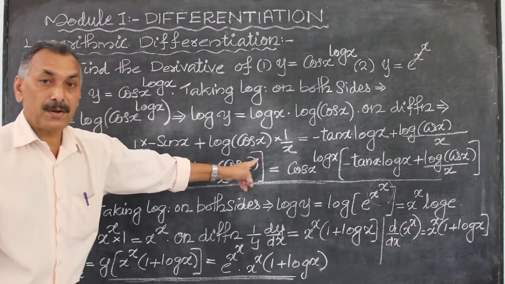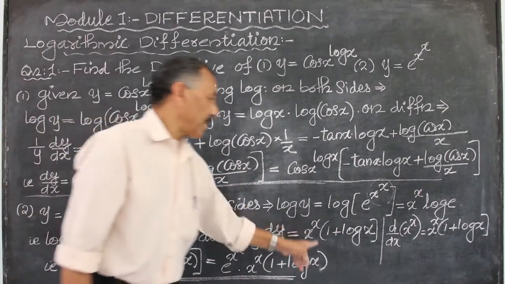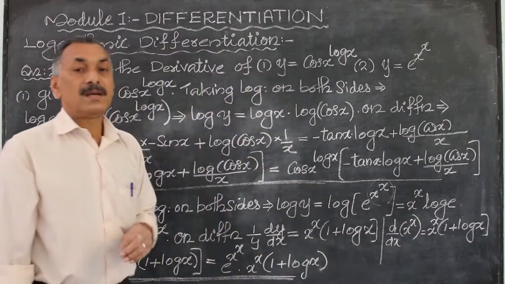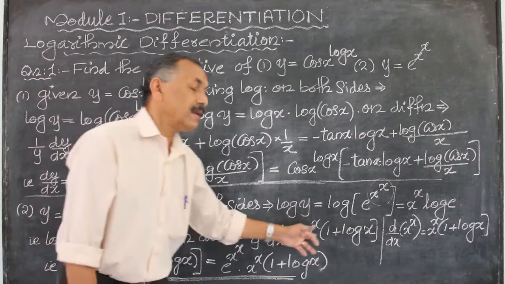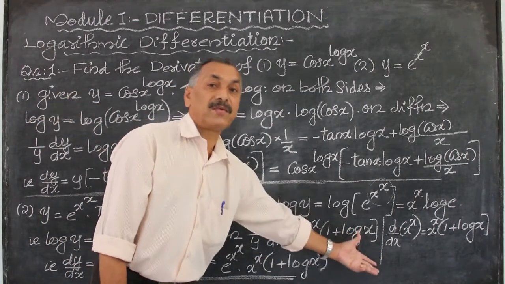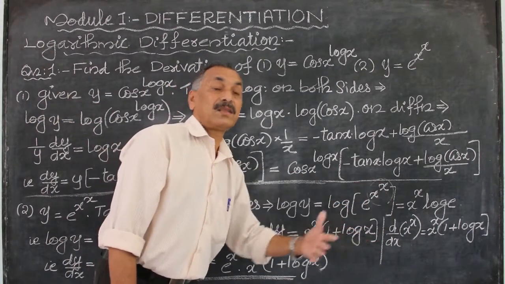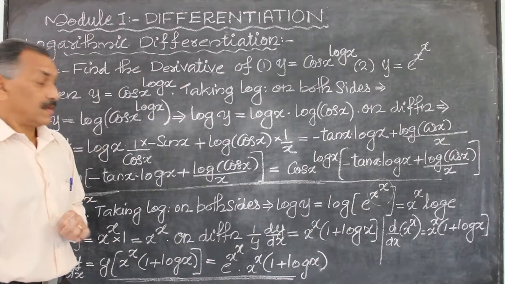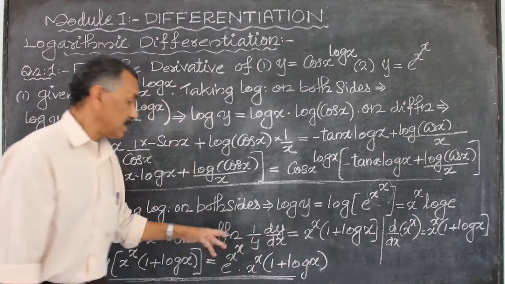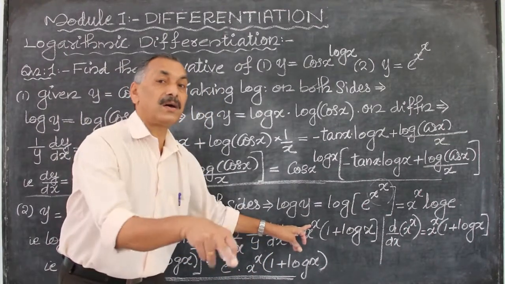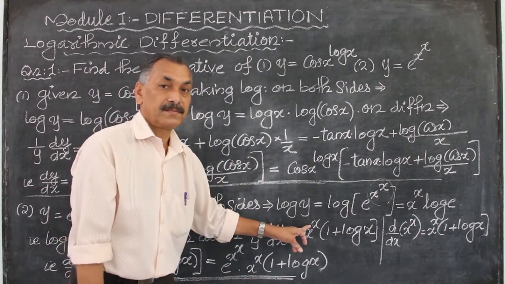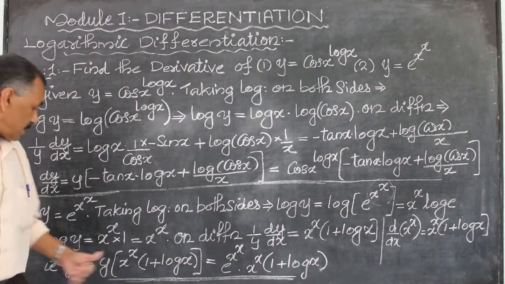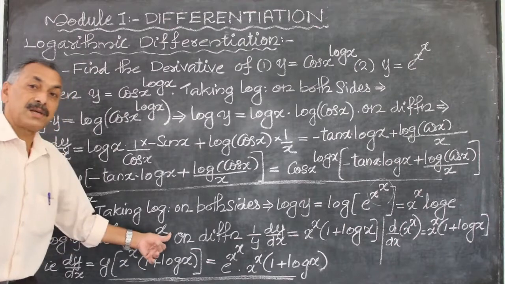This is the problem. The derivative of x raised to x is equal to x raised to x into 1 plus log x. If you have x raised to x derivative, we take log y is equal to x raised to x.